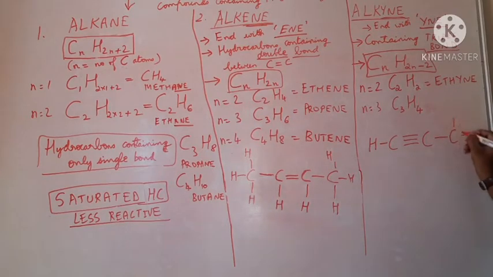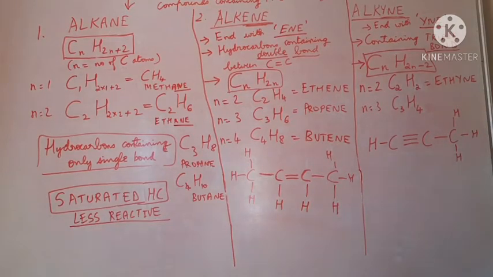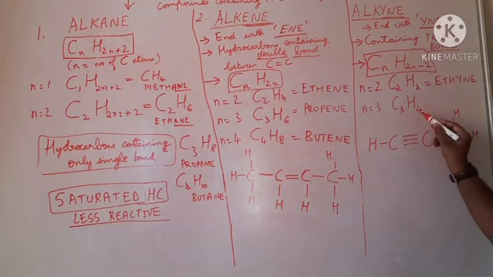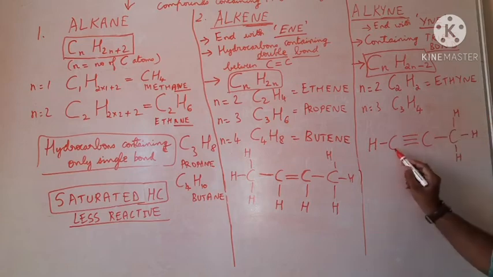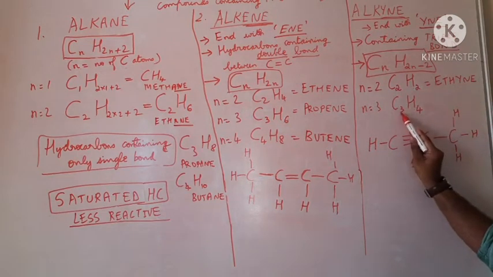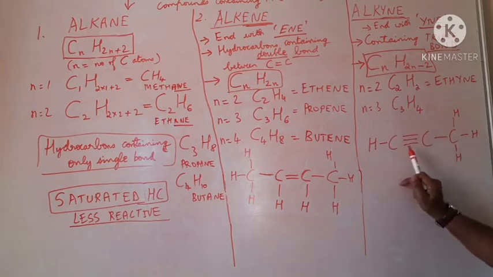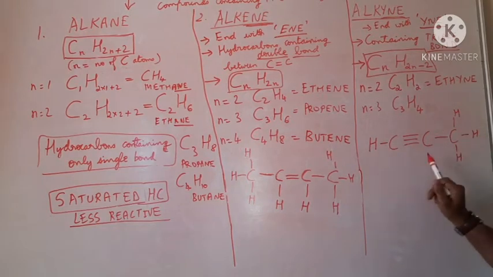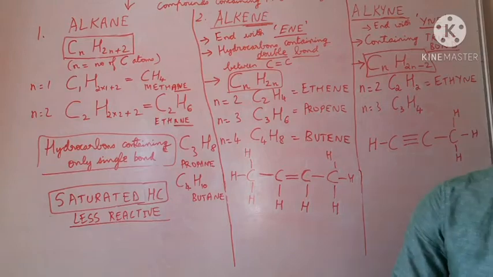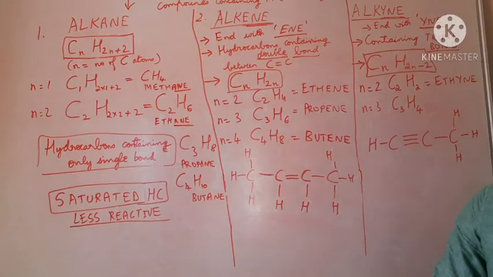So we can add 3 more hydrogens, and 1, 2, 3, 4. 4 hydrogens are present. Done. 1, 2, 3. 3 carbons are present. There is a triple bond and valencies of carbon, it is 4 everywhere. Right? The valencies are completely filled everywhere, which means the structure is correct.